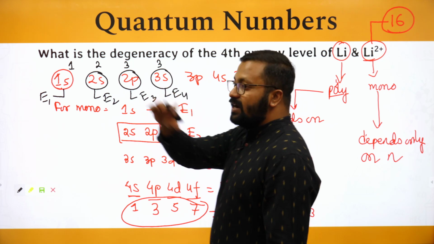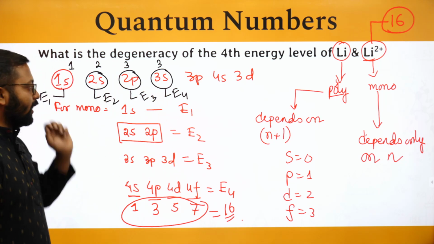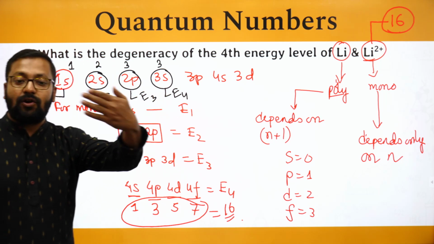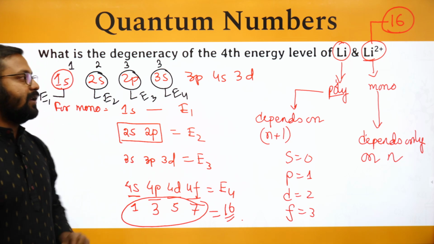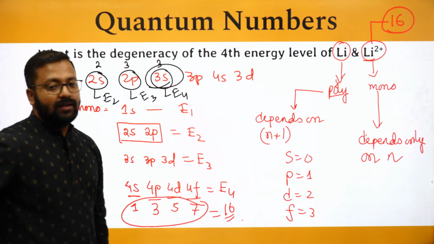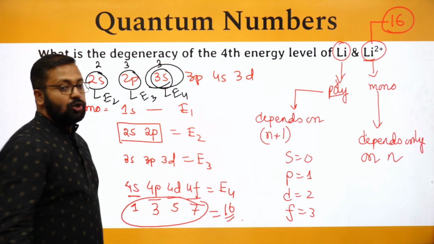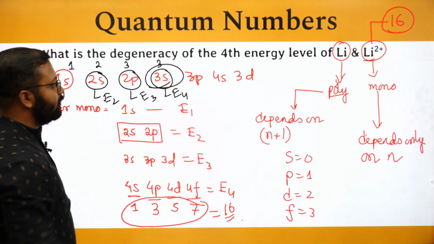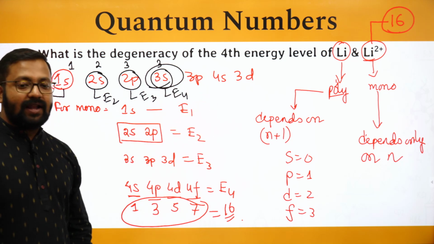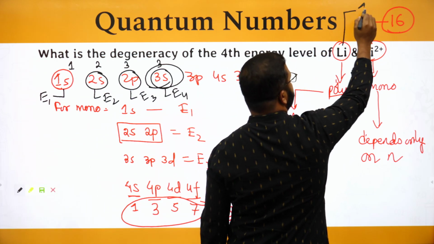All of them turn out to be different energy levels. That is the reason electrons enter in a stepwise manner. So which is the fourth energy level? 3s. If 3s is the fourth energy level for lithium, what is the number of orbitals it has? 1. So the degeneracy will be 1.